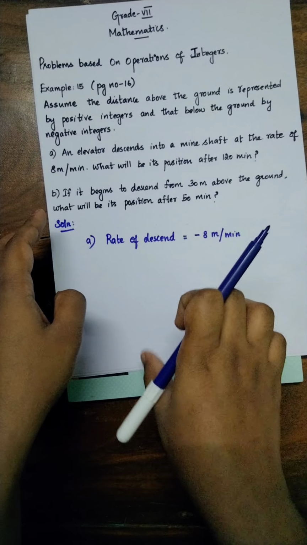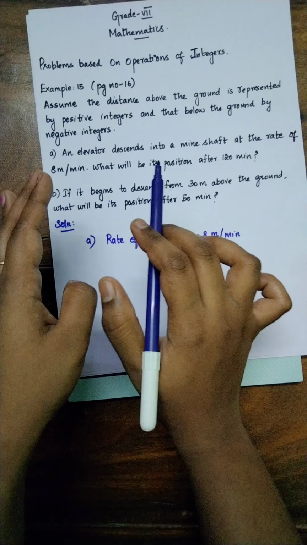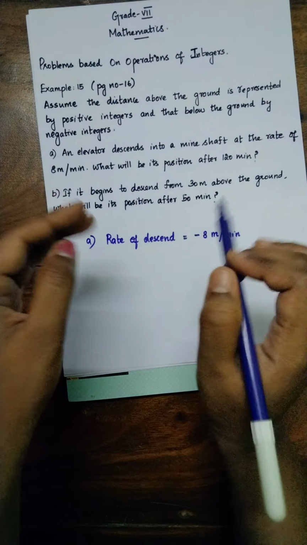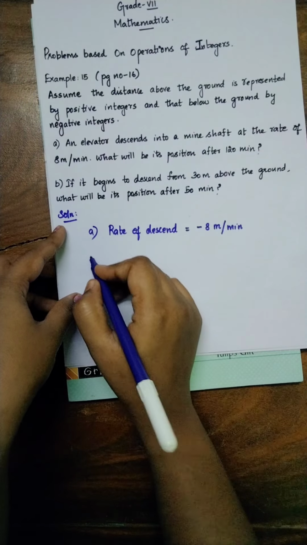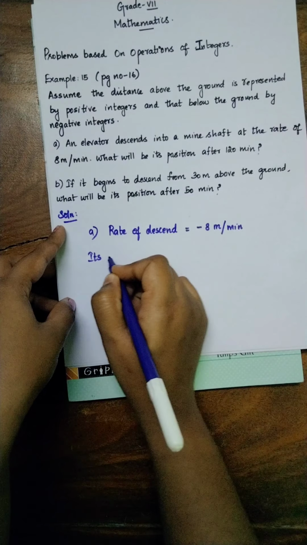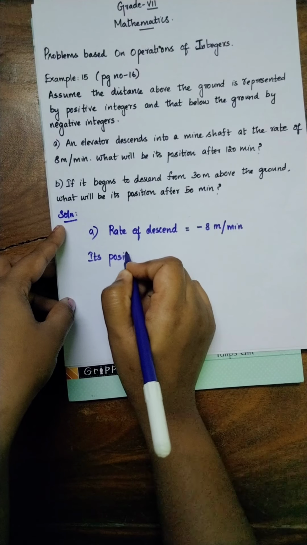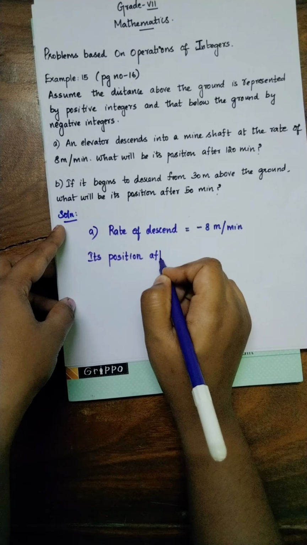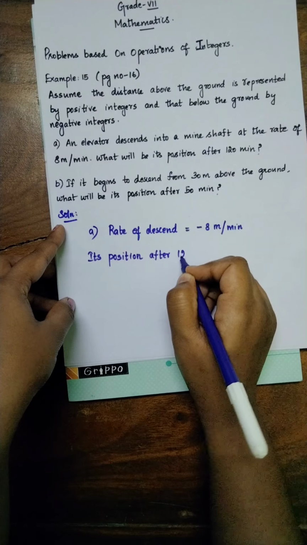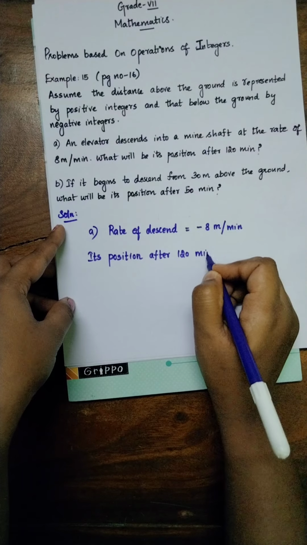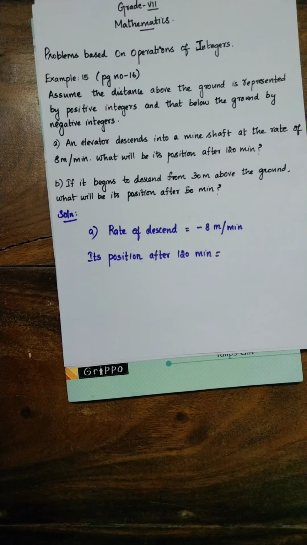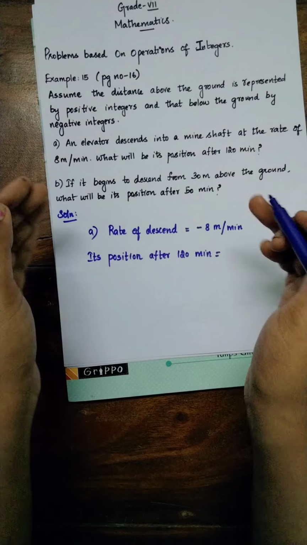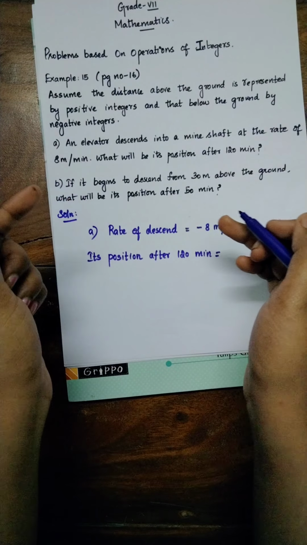Next, we are going to find what will be its position after 120 minutes. So its position after 120 minutes is equal to, how will you find it? For 1 minute it is going down minus 8 meter.